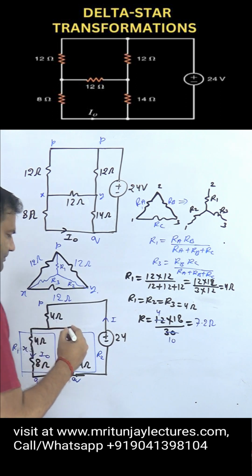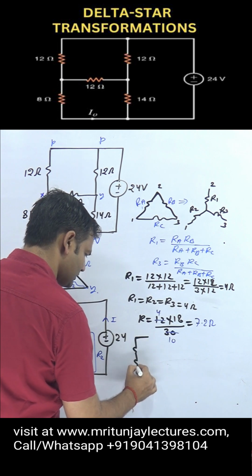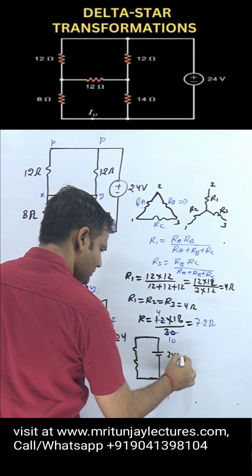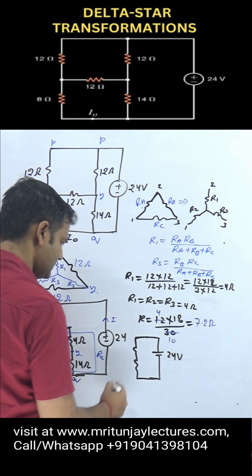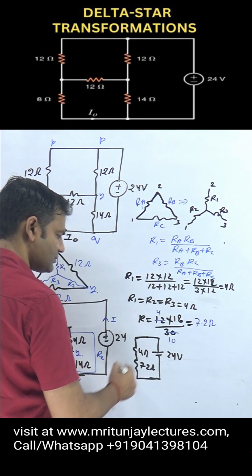After that, making the circuit, that is 4 ohm and here plus minus 24 volt, and that is 4 ohm, and here 7.2 ohm. So what about I?